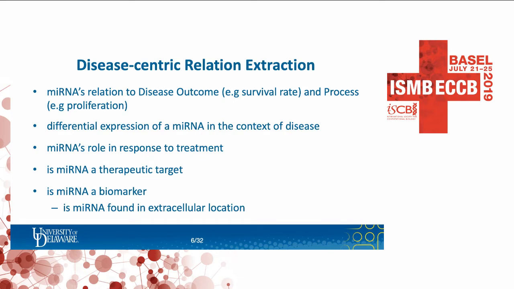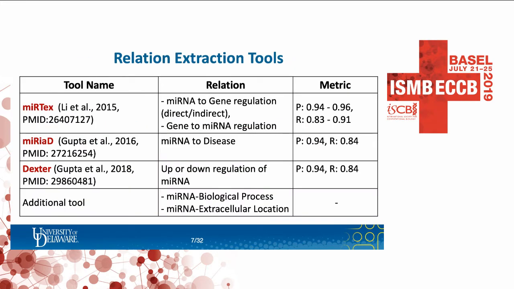In this context, it is important to know if they are circulatory microRNAs, and hence our interest in identifying their extracellular location. In our resource, we have employed several existing tools that have been developed in our lab. Mirtex is used to extract the relationship between microRNAs and genes.